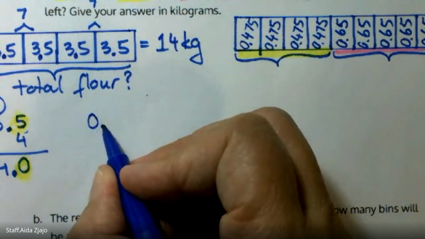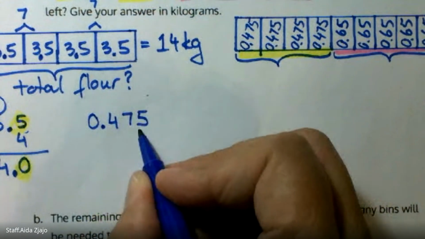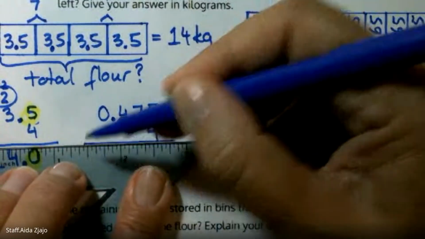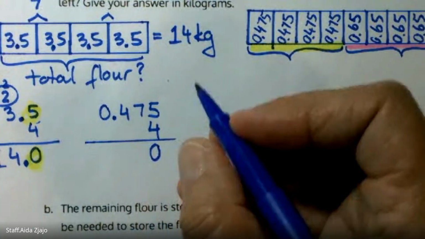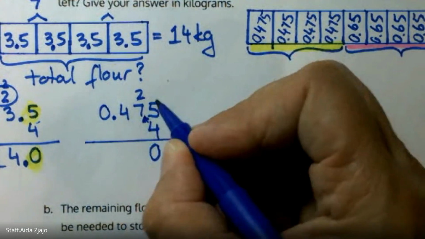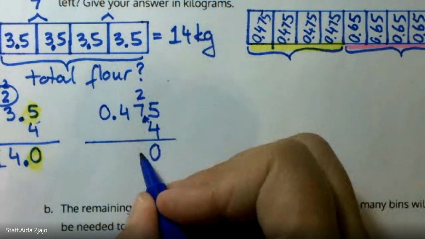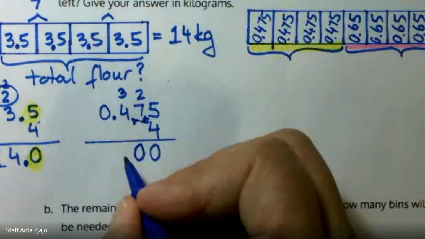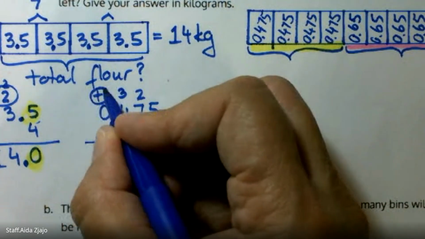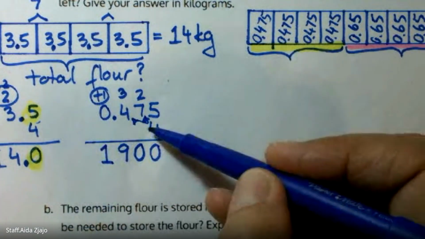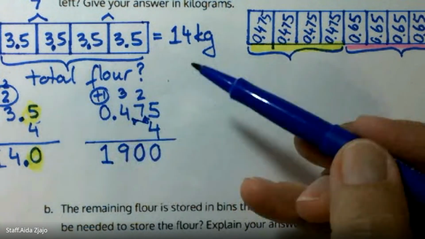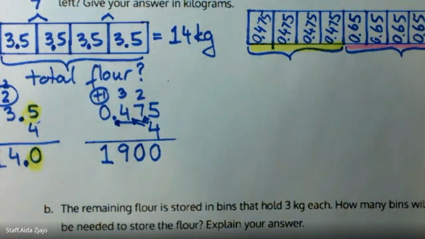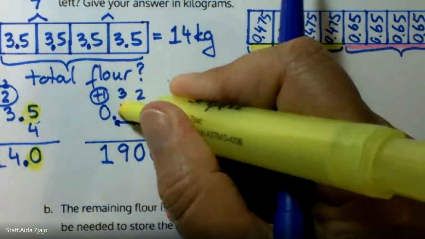So we need 0.475 times 4. We have thousandths in our answer. 4 times 5 is 20, remember 2. 4 times 7 is 28, and 2 is 30, remember 3. 4 times 4 is 16, plus 3 is 19, remember 1. 0 times 4 is 0, plus 1 is 1.